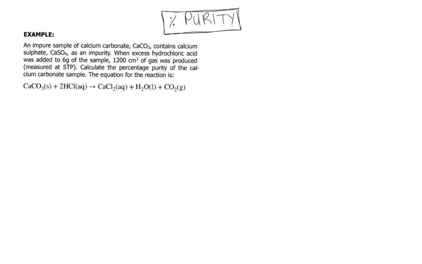It says an impure sample of calcium carbonate contains calcium sulfate as an impurity. When excess hydrochloric acid, so again that one isn't my limiting reactant, this one is, was added to 6 grams of a sample, 1,200 cubic centimeters of gas was produced, measured at STP.